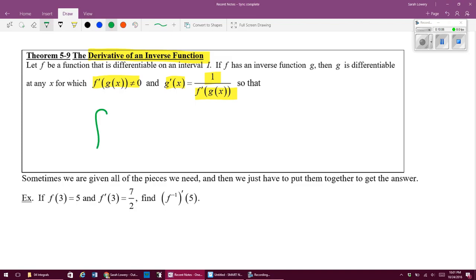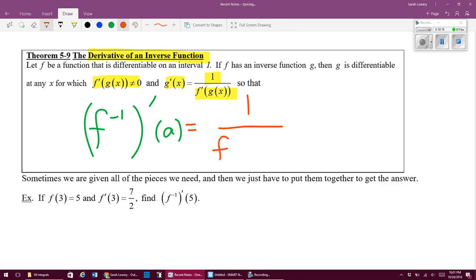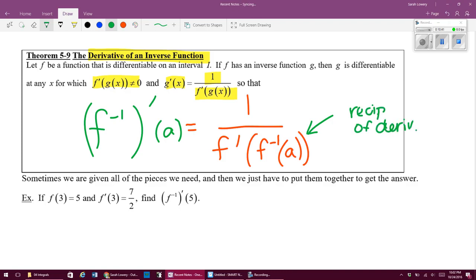If I want to find the inverse's derivative at a value a, it's going to be equal to 1 over the derivative of the inverse at a, okay? And basically, in short and easy terminology, it's going to be the reciprocal of the derivative, okay?